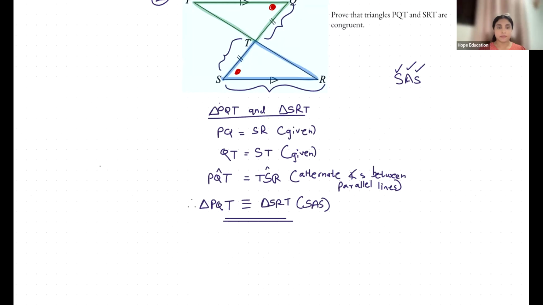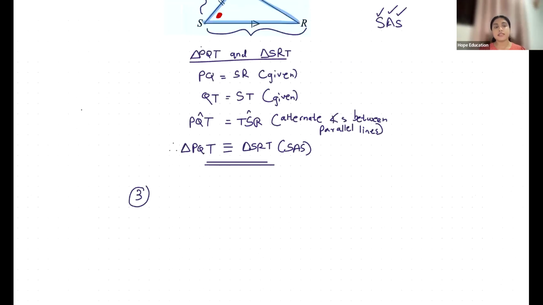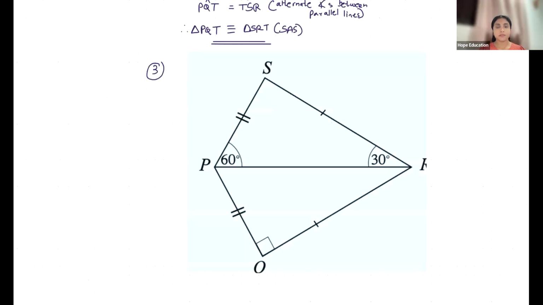Example 3. Rather than an example, it's more like a question, but I will let you do this alone. Let's do one here, then we'll go for a more complicated question later. Do this one.